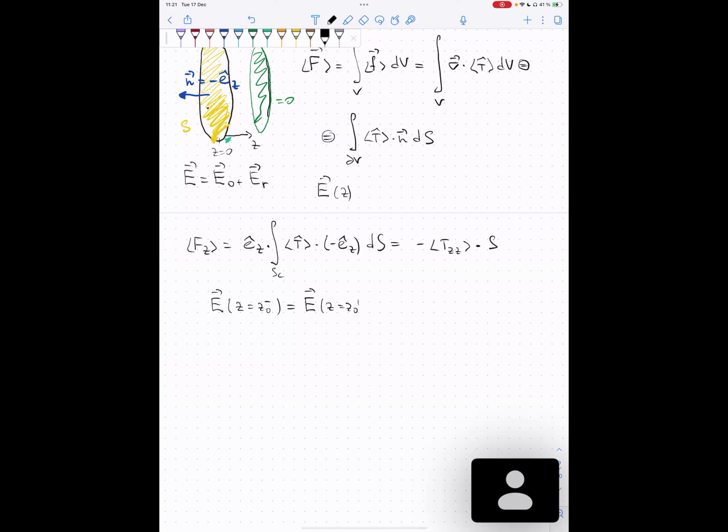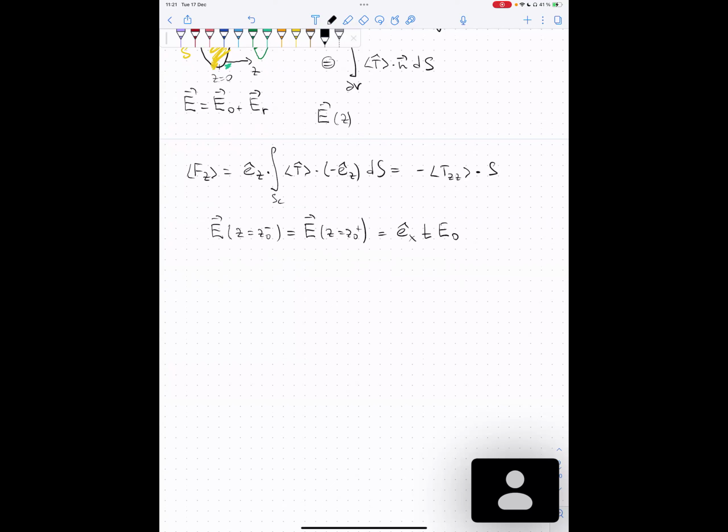At Z equals Z0 plus it equals Ex, for example, multiplied by the transmission coefficient T and E0, and same for the magnetic field. The magnetic field at Z equal to Z0 plus equals Ey, the transmission coefficient multiplied by the complex refractive index of the media multiplied by E0.